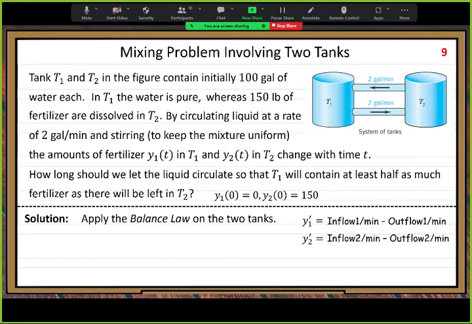Similarly, second equation, balance law, we isolate tank 2 and apply the balance law. Y2 prime, the rate of change of the amount of fertilizer in tank 2, equals inflow 2 minus outflow 2. Okay?